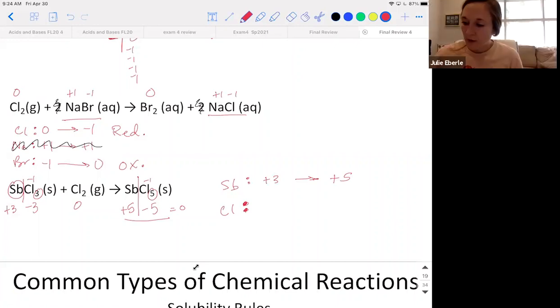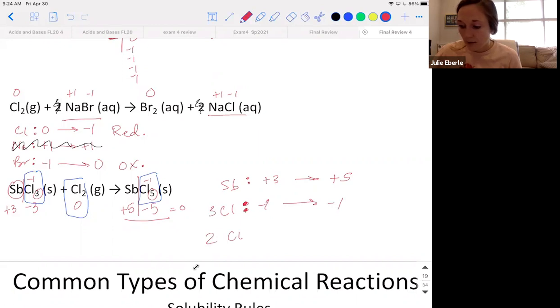Well, you do have some chlorines that are -1. These in the compound, those 3 chlorides, they're -1 and they stay -1 over here. But what about these chlorine atoms? So you have some that are -1 on both sides. Those 3 aren't changing, but there are 2 chlorine atoms.